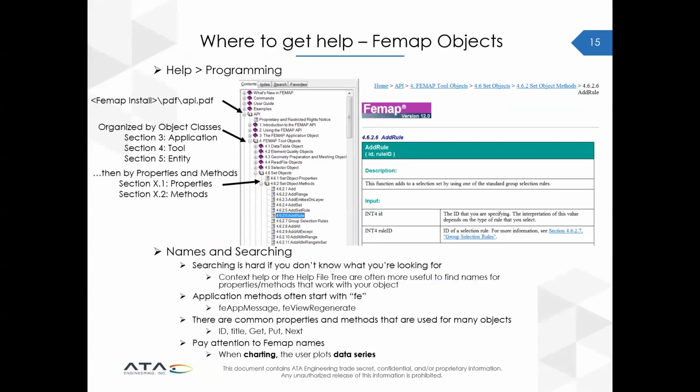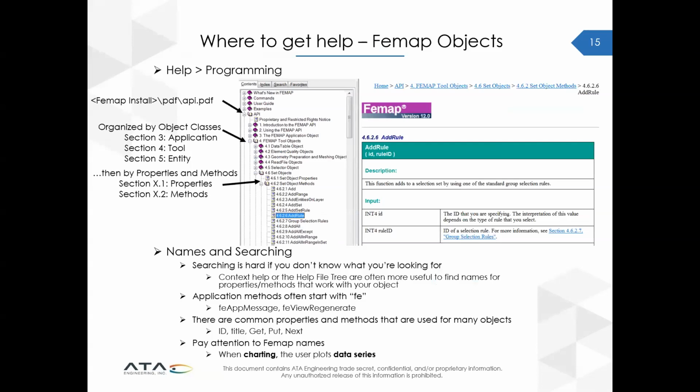All right, where to get help? This is important. This is where a lot of us will be going all of the time. I mean, I write APIs often, and I'm in here every day when I'm doing that. So there is a special help file for API. You can access it through help programming in Femap, or you can go to your Femap install folder and open up the PDF.